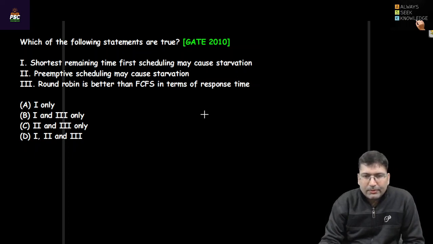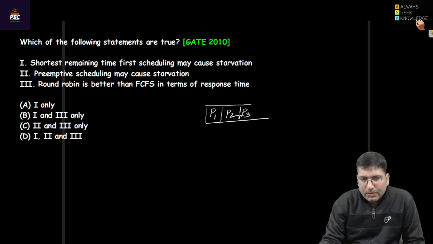You assume that there are processes arriving, let's say P1 arrived in the ready queue, P2 arrived in the ready queue, P3 arrived in the ready queue. There may be a situation where one of the processes is requesting a very large CPU burst.